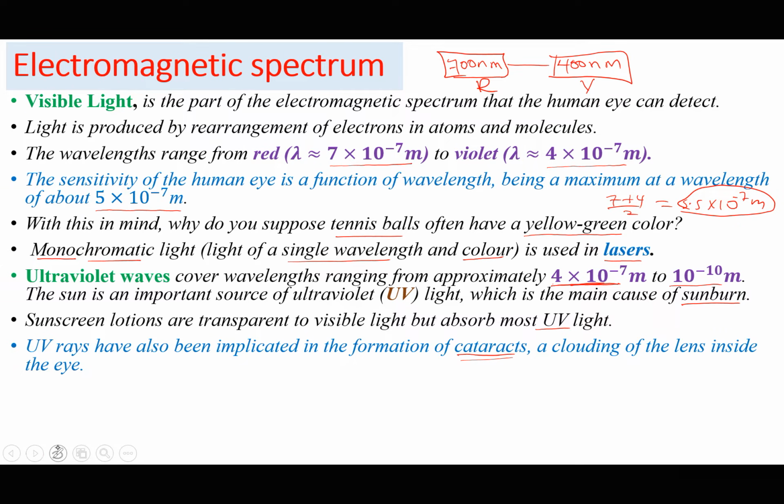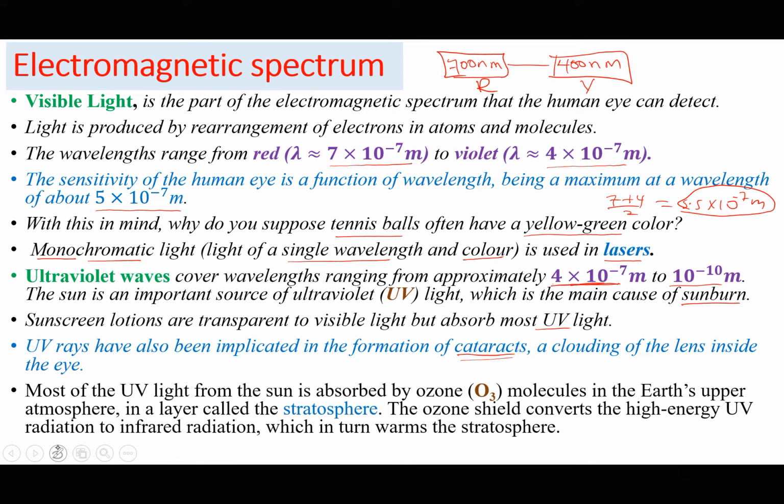Most of the UV light from the sun is absorbed by what we call the ozone layer, or the ozone molecules in the Earth's upper atmosphere, in a layer called the stratosphere. So the stratosphere is where we find the ozone.